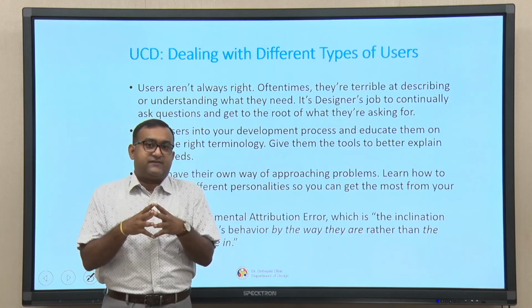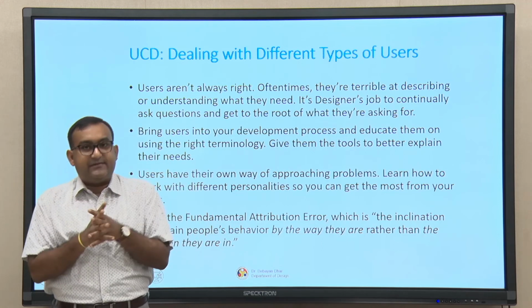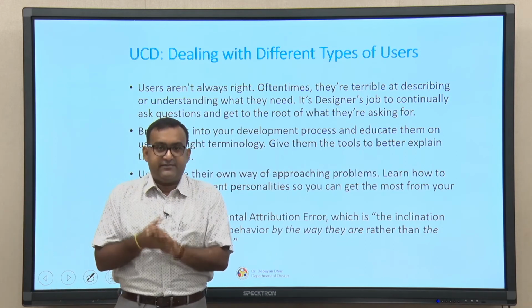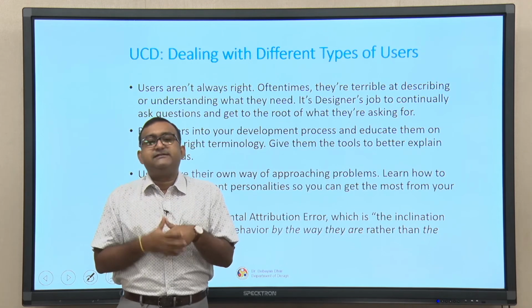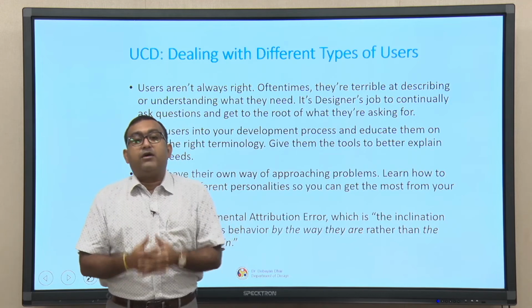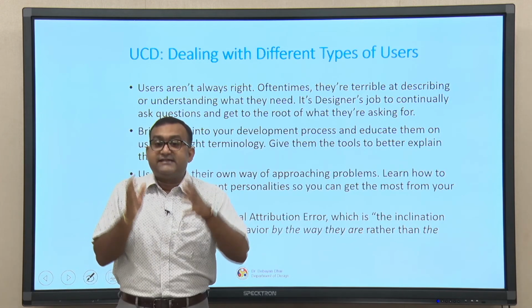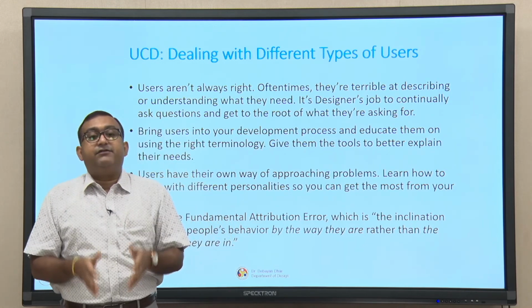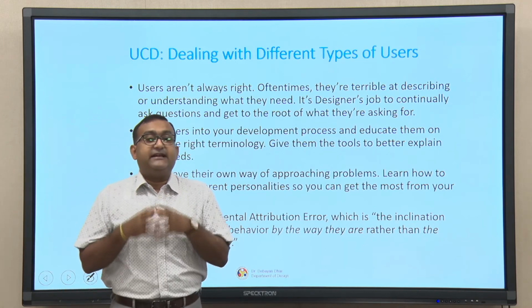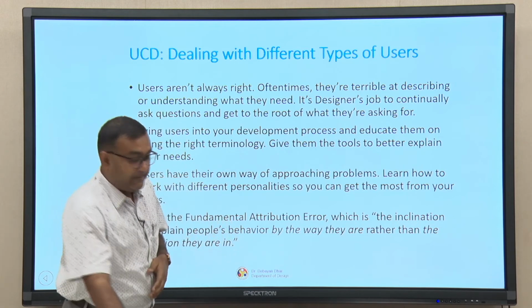All these discussions highlight that users aren't always right. They behave in a different way, and oftentimes they are terrible at describing or understanding what they need. So, it is the designer's job to continually ask questions and get to the root of what they are asking for.